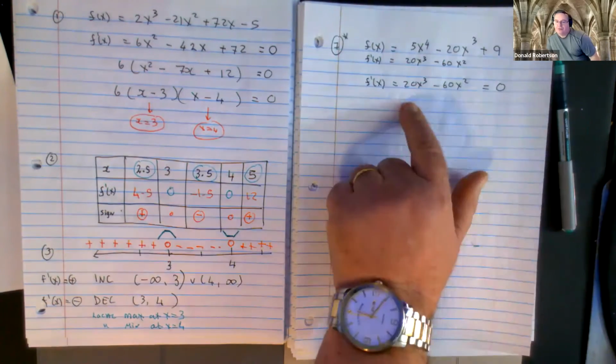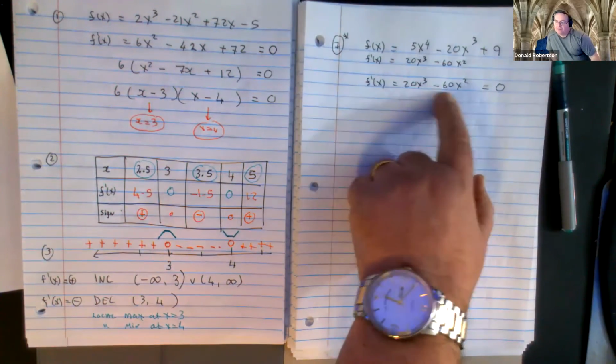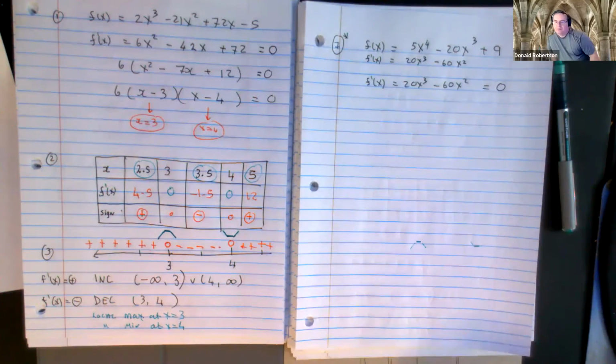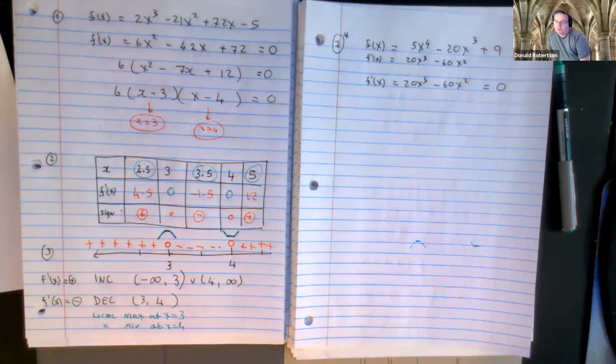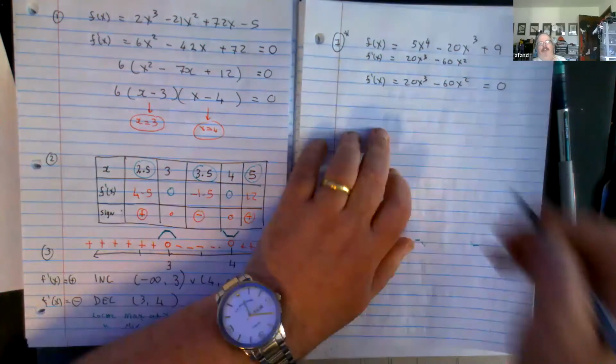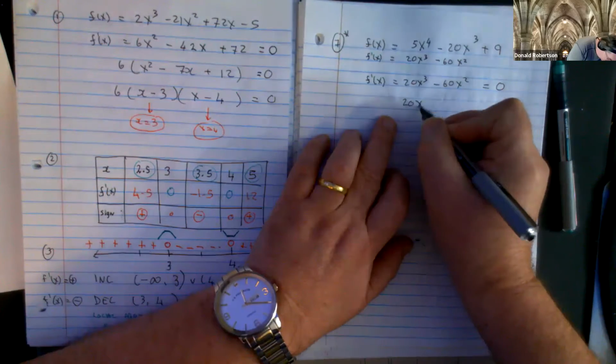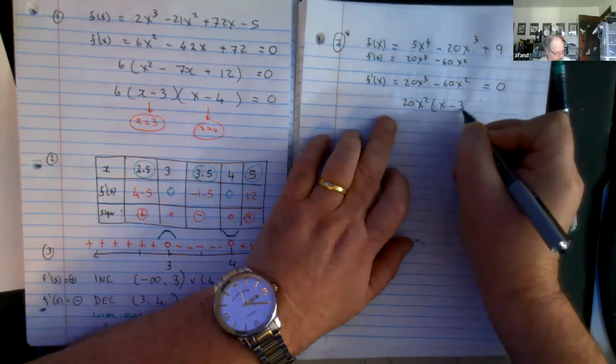Any suggestions about making this a little bit easier to solve? Look at this expression. Anything you could do to it? I would pull out 20x squared. If you pull out 20x squared, don't you get x minus 3?